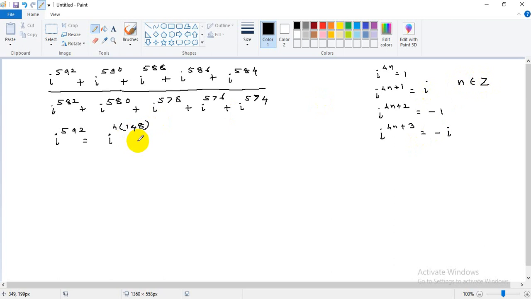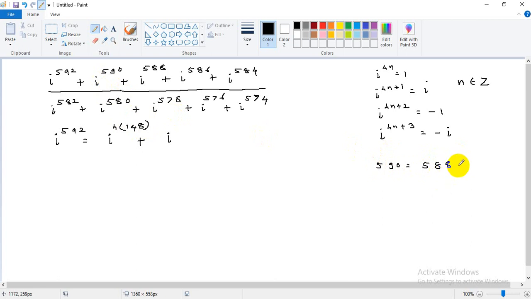Once that is done, you can write 590 as what? Whenever I talk about 590, I know that 588 is divisible by 4, because 88 is divisible by 4 and 500 is surely divisible by 4.